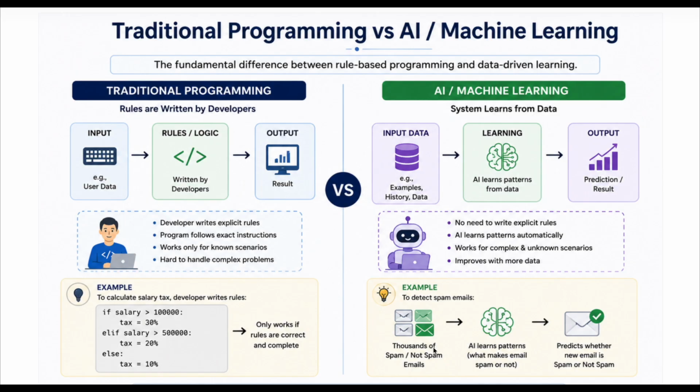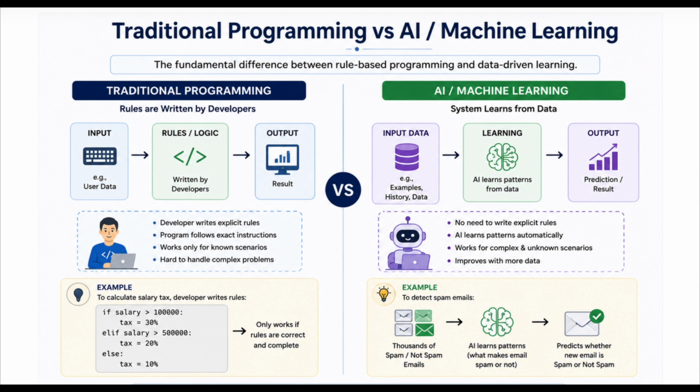Then the AI learns patterns automatically. That is the biggest difference. So, traditional programming follows rules, AI learns patterns from data.